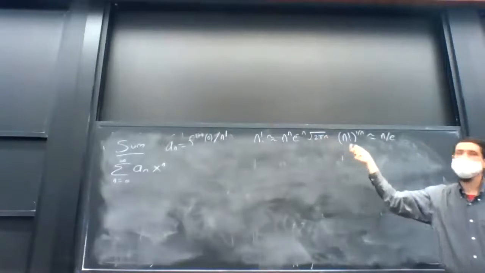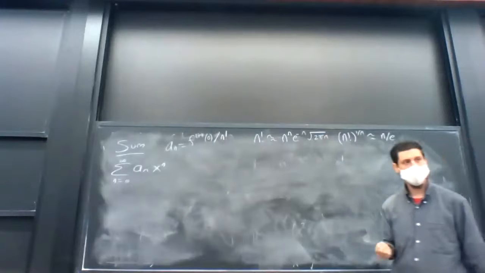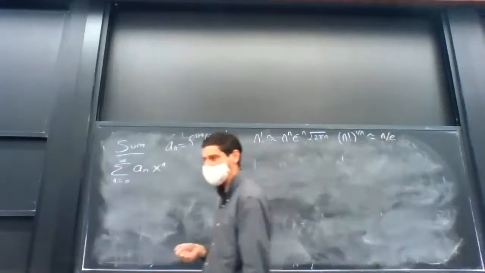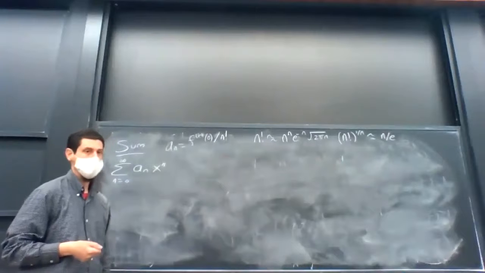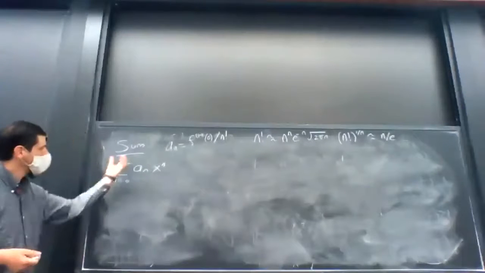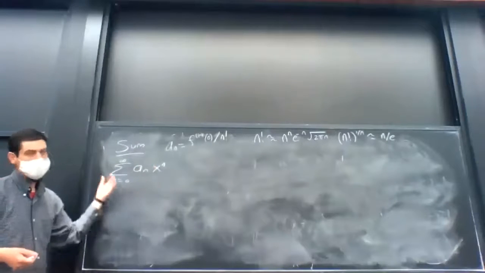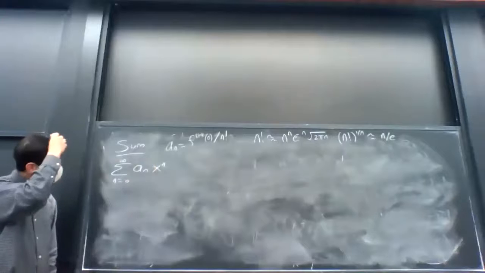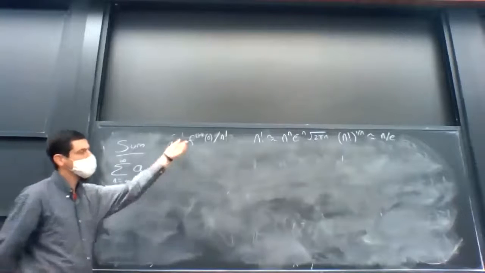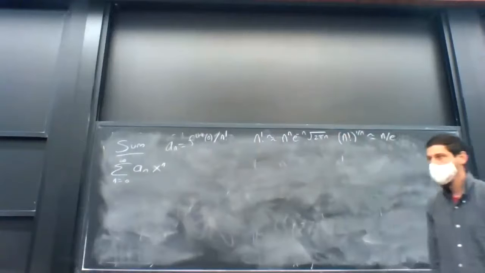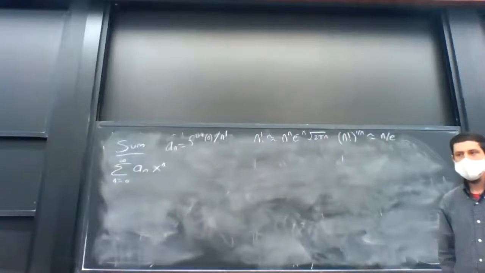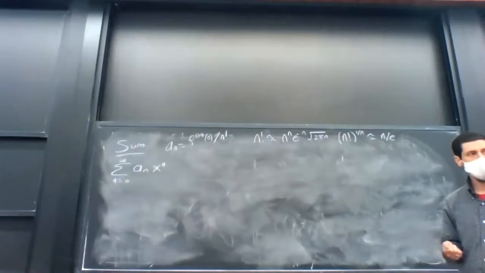Similarly, the square root of 2 pi to the 1 over n converges to 1. After a little bit of algebra, you see that the nth root of n factorial is about n over e. So if we want to understand something like this, what really matters is the size of the nth derivative at the origin. That's going to control how large a region we have with the series convergence.